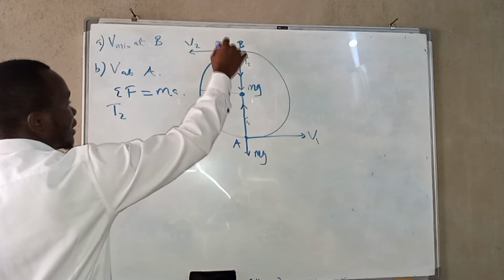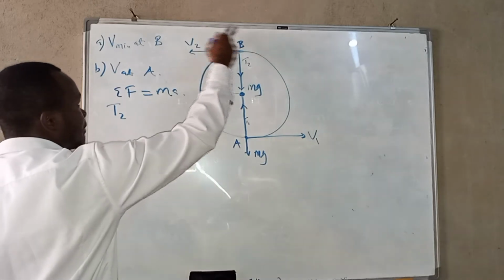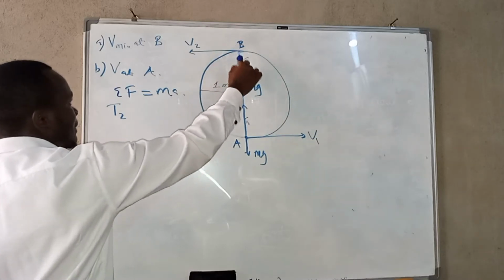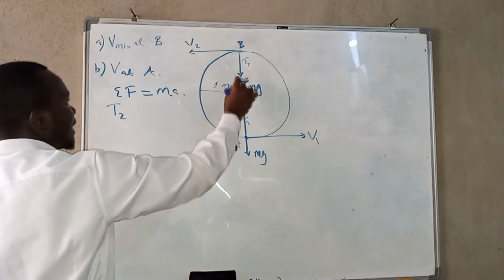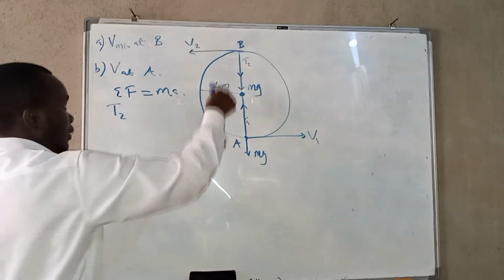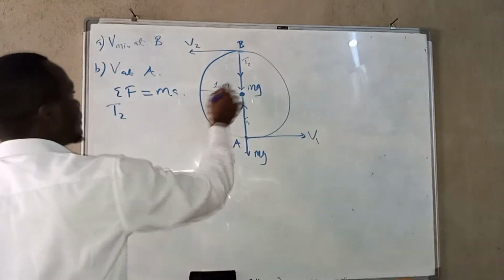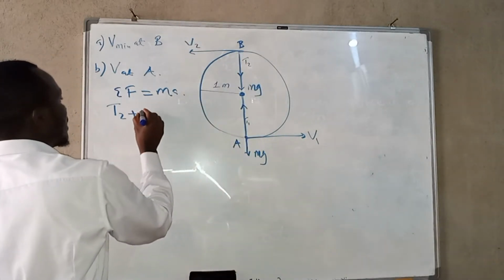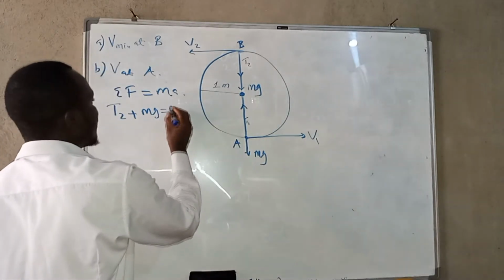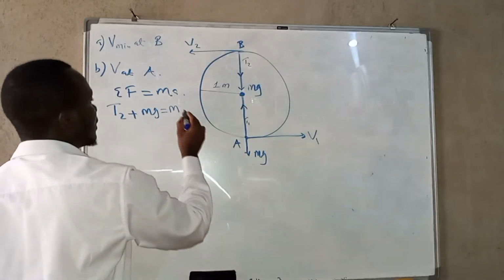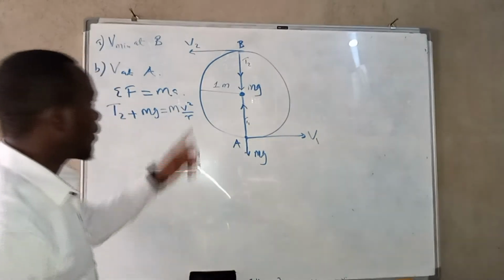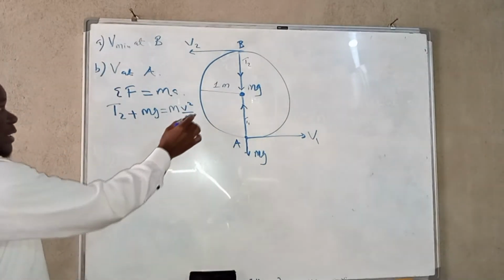As the stopper is being whirled in a circle, the tension will be acting in the other direction so as to support the motion, so that it does not go away. Then mg here is in the same direction. Mg plus T must be equal to ma. So we have m, and since it's a circular path, the acceleration is centripetal acceleration, which is given by v squared over r. So this is the equation.